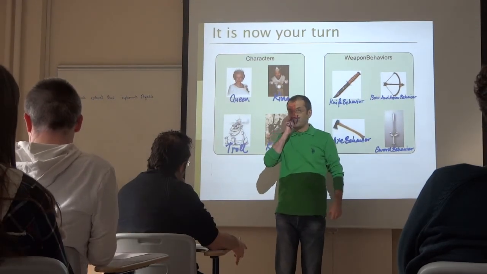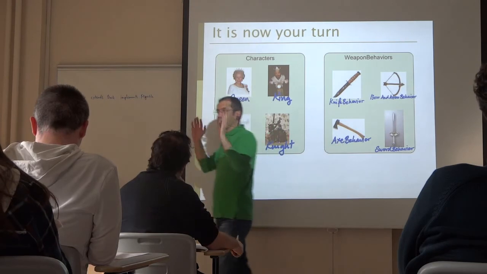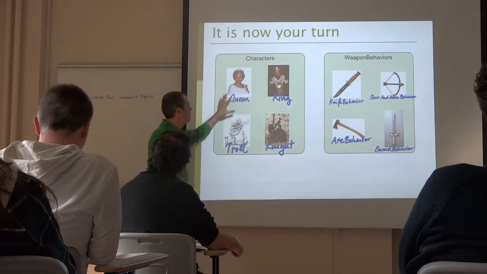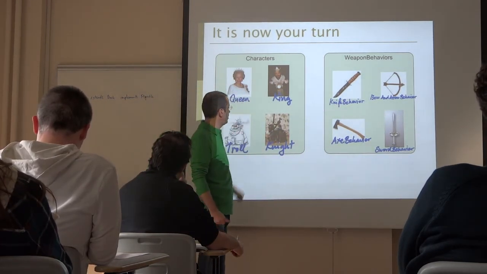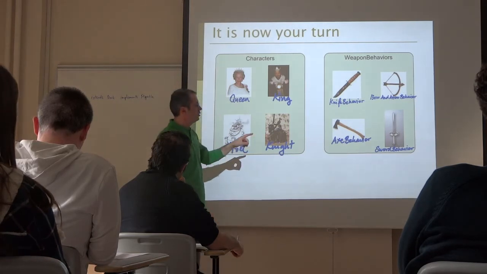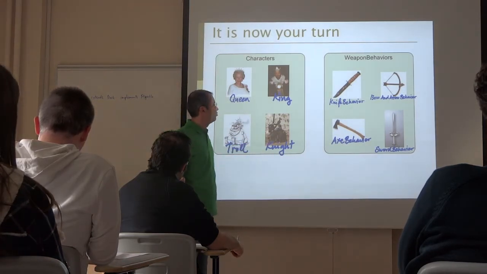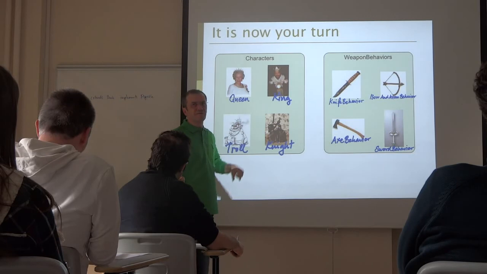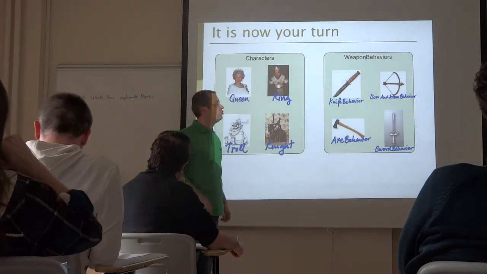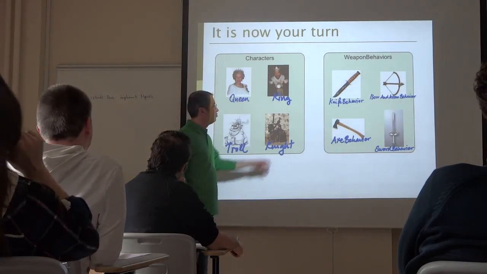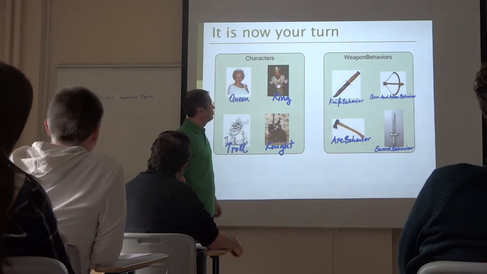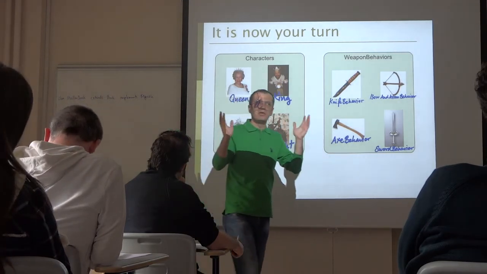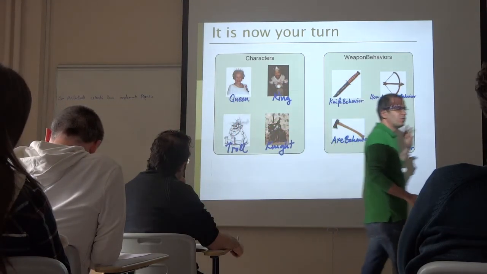We don't know what they are, but say Troll uses the axe, that's for sure. Queen uses a knife, maybe. It's up to you, you make it up. And Knight uses a sword. Anyway, you can make up your mind about which character is using which.